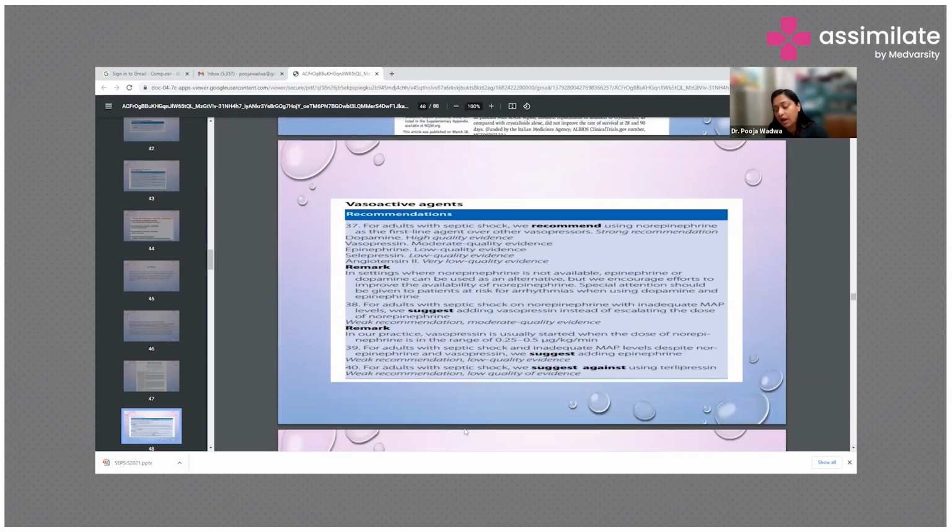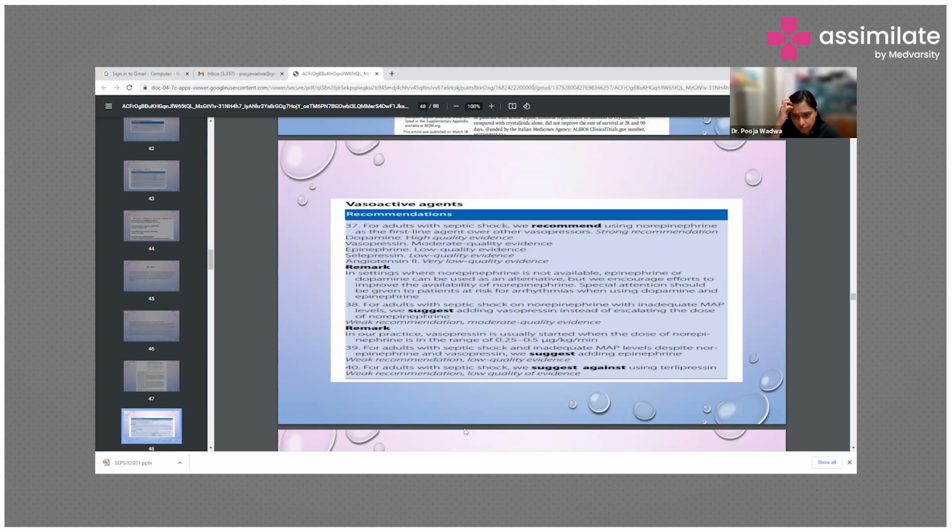So now you have adequately resuscitated the patient, but still the blood pressure is low. They recommended that norepinephrine should be the first drug of choice over other vasopressors. In areas where norepinephrine is not available, you can use epinephrine or dopamine, but epinephrine should be preferred. Now, in patients whose MAP is still inadequate even on norepinephrine, they recommended the use of vasopressin.